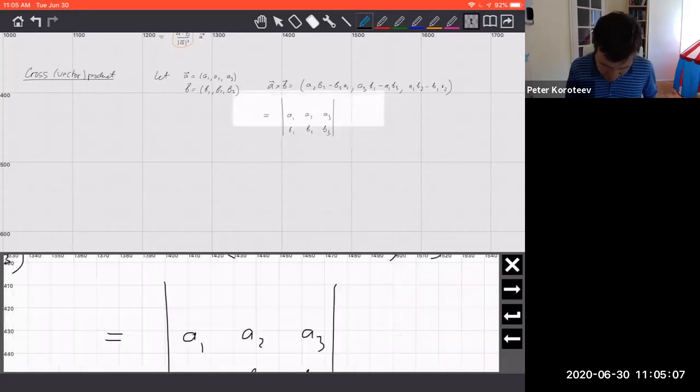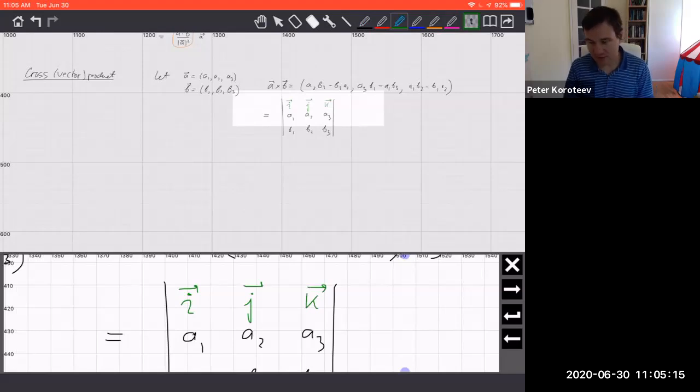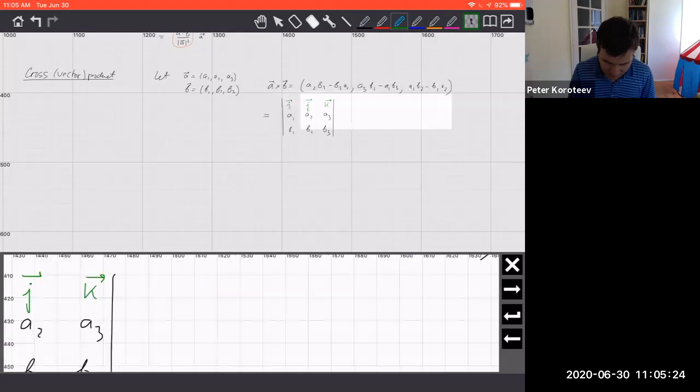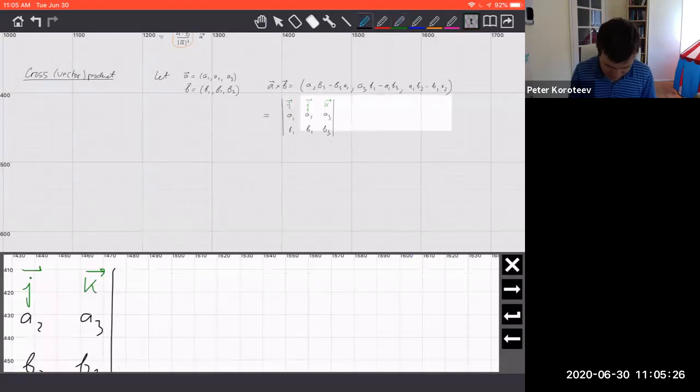And in the first row, I put the basis vectors, those unit vectors I, J, K. It may sound a bit unusual to put vectors in this calculation, but just think of it as a symbolic operation. And now we'll calculate this determinant using the expansion over the first row, right?